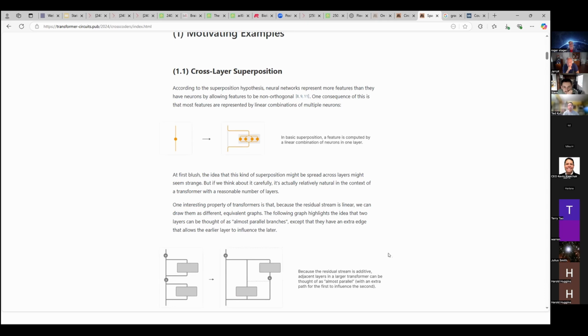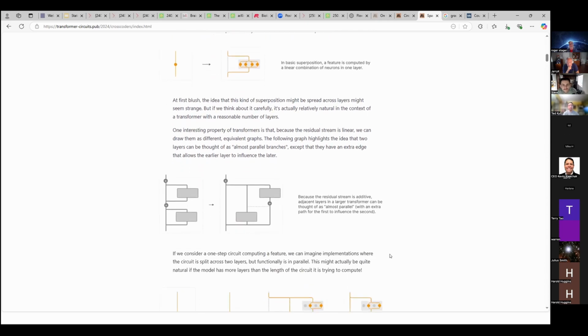But there is this problem once you start talking about layers. This here is the way we kind of draw multiple layers with these plus signs as residual connections. But conceptually, this gray diagram on the left is equivalent to this gray diagram on the right.